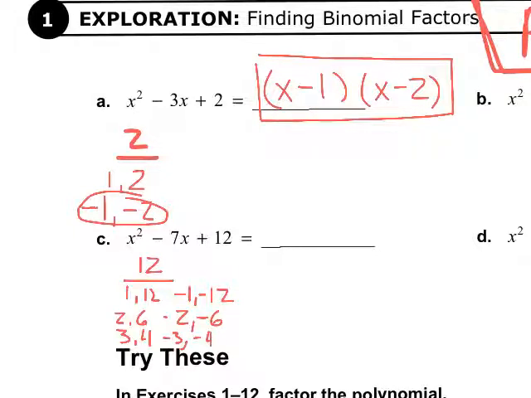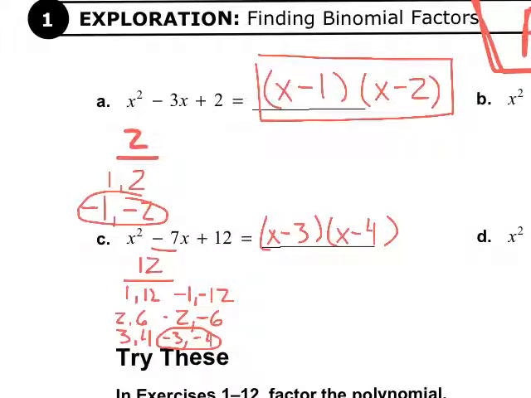So those are all of my factors of 12. Now I need the pair that adds to b, and my b value here is -7. So my pair that would add to -7 would be -3, -4. So I put my two parentheses down. That x squared out front gives me x and x. And then the -3 and -4 makes -3 and -4. And there's my final answer.